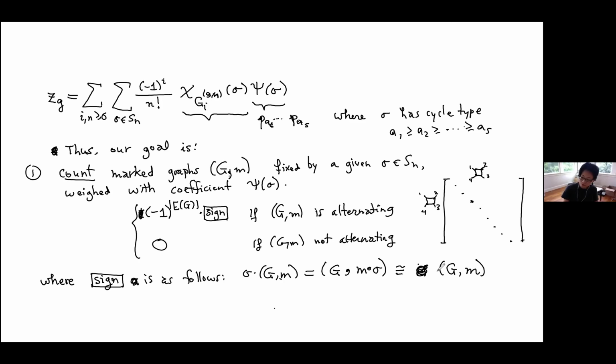Does that make sense? So this isomorphism, let me call it phi, induces a permutation. Let me write phi restricted to the edge set, and that permutation gives a sign. Okay, I hope this makes sense.